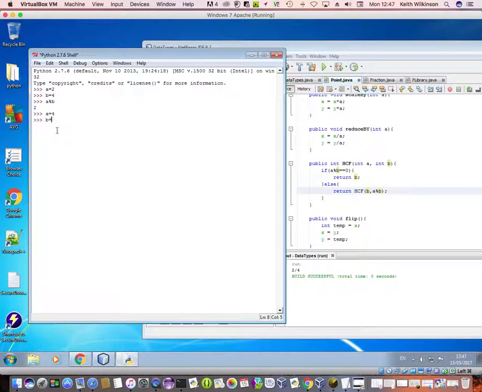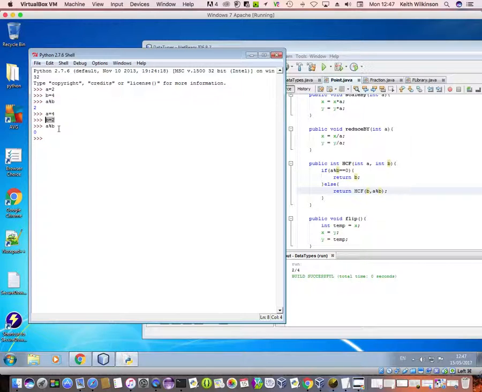So B equals 2. Now again I'm going to perform this if A mod B, so A mod B, and this time it is 0. So it is 0, so I return B, and B was 2. So the highest common factor between those two numbers was 2.